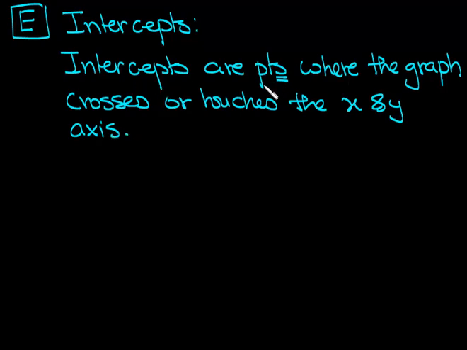Okay, the key thing is they're points, always remember that, and where they touch across the x and the y axes. Before I show you how to find them, let's take a look at some examples of intercepts.